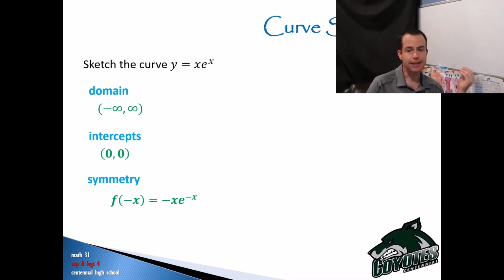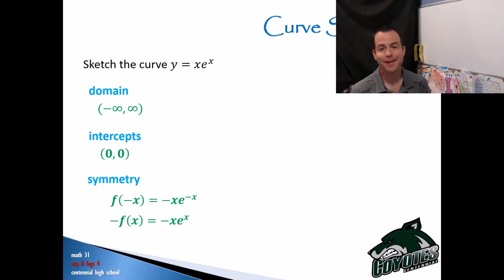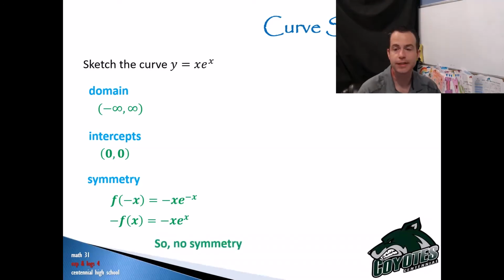That would be negative x e to the x. Also not the same, okay? So f of negative x is not the same as my original function, and negative f of x is not the same as f of negative x, okay? Because of that, it's neither odd nor even, which means there's no symmetry to discuss for this guy.